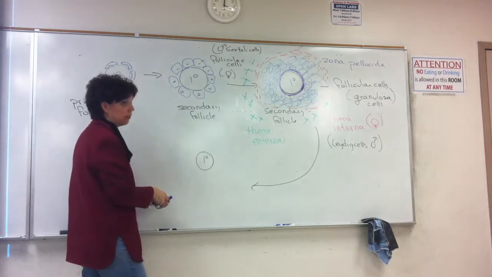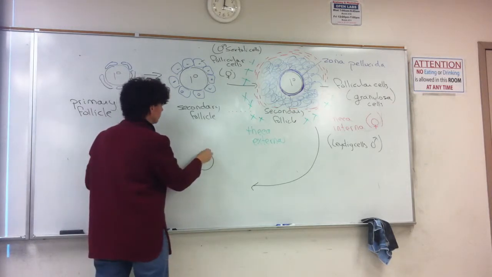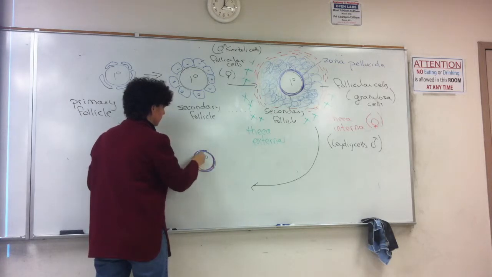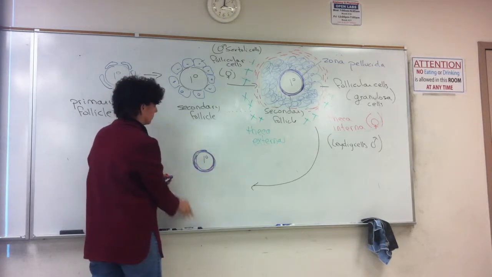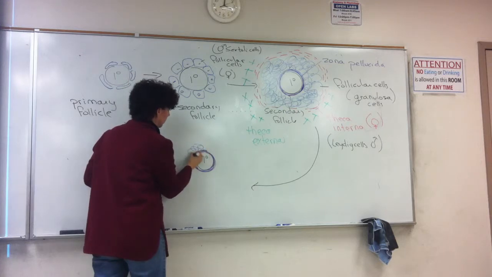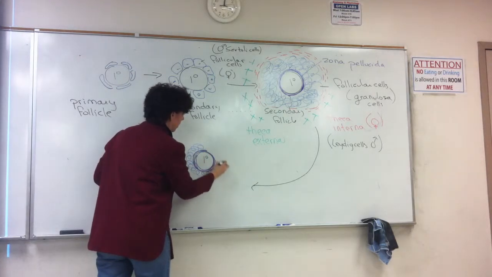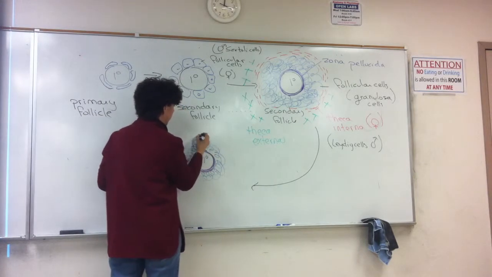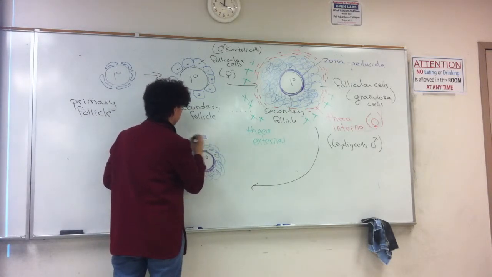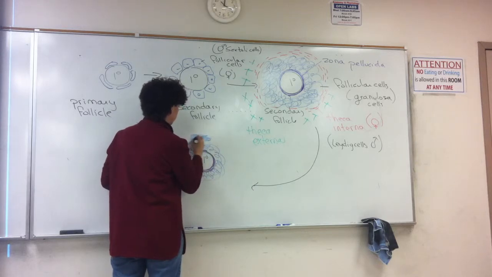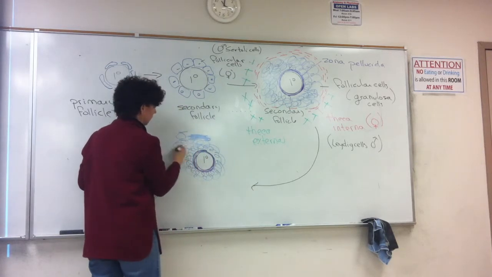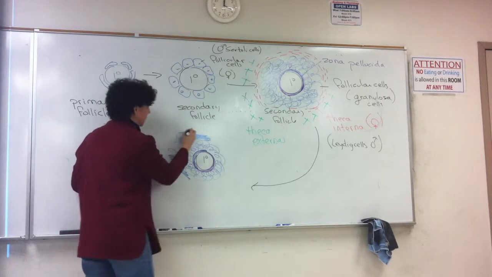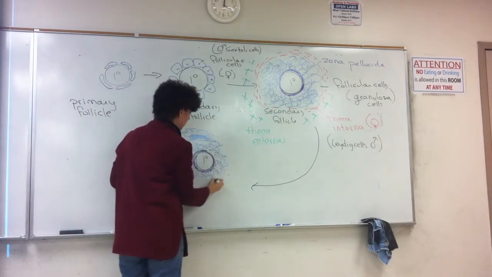So our primary, still a primary oocyte, presence of a zona pellucida. Follicular or granulosa cells, and then some spaces where estrogens and other molecules are in the fluid. Again, it could be one little space or several spaces.